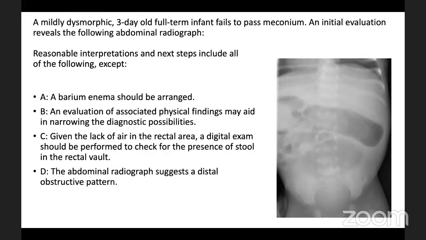B, an evaluation of associated physical findings may aid in narrowing the diagnostic possibilities. C, given the lack of air in the rectal area, a digital examination should be performed to check for the presence of stool in the rectal vault. D, the abdominal radiograph suggests a distal obstructive pattern.